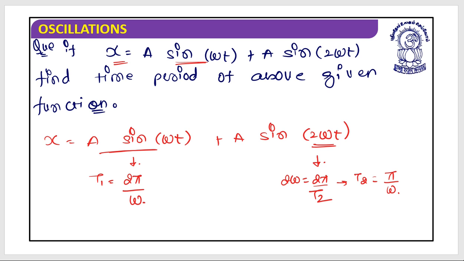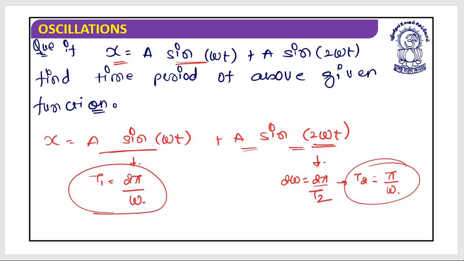So the function a sin 2ωt is going to repeat itself after every π by ω, and the first function is going to repeat itself after every 2π by ω. So from this, T1 is equal to twice of T2.